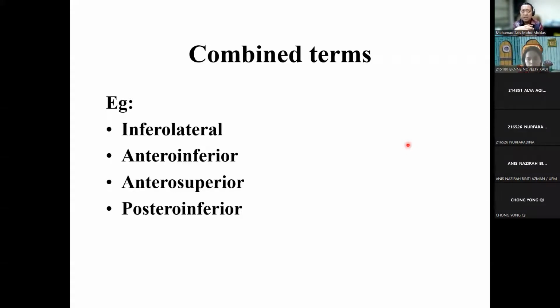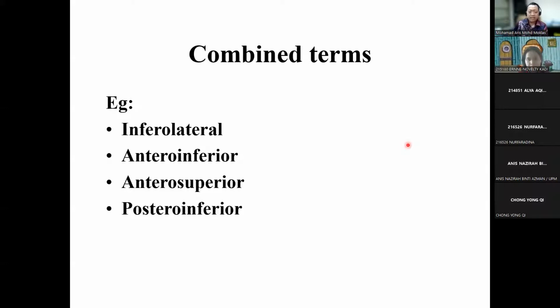In anatomy, when you describe relations, for example, you have one structure. What structures are located superior, anterior, posterior, inferior, and lateral? And sometimes the structure is located antero-superior, or it can be superolateral or inferolateral.